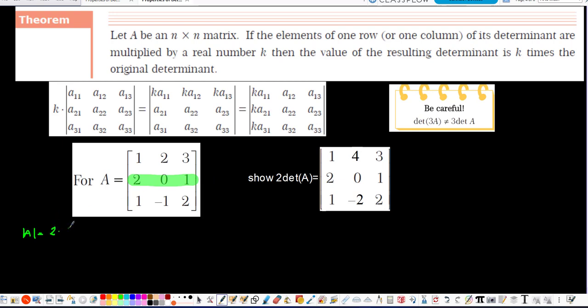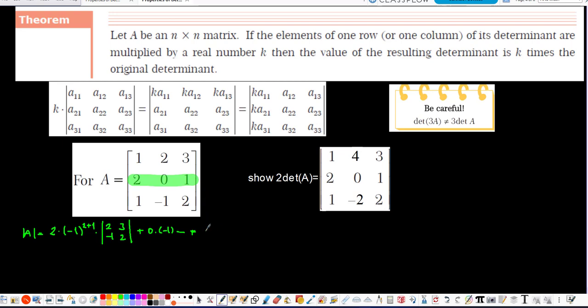So this is 2 times minus 1 to the power of, this is second row, first column, times the minor, when you close the second row and first column, it's going to be equal to 2, 3, 2, 3, and minus 1 and 2. It has to be. Then 0 times minus 1 to the power of something, but that's going to be 0. That's why I'm not going to continue to write it, to not lose time.